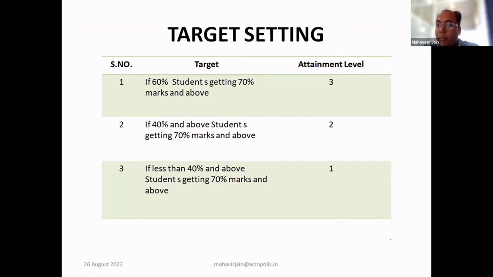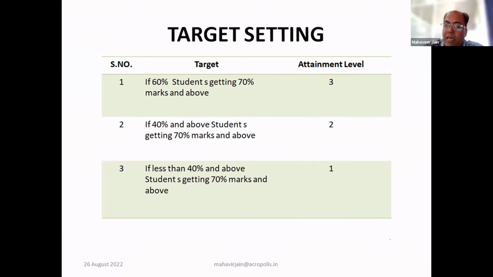Course outcome attainment. Because I have decided some course outcomes, whether I have achieved my course outcome or not will be decided by my target. So if I set the target that 60% students should get 70% marks and above, then my target is achieved and I will get attainment level 3.